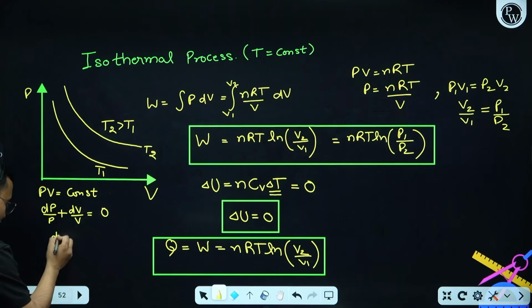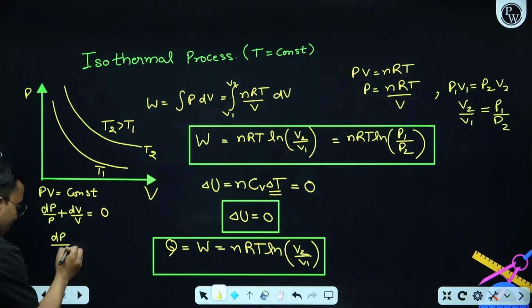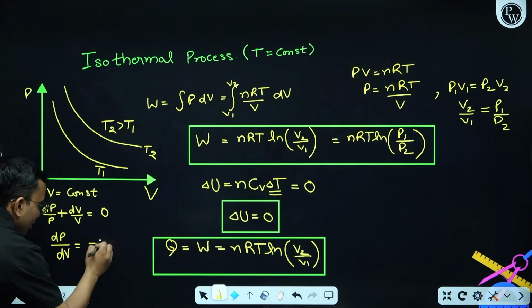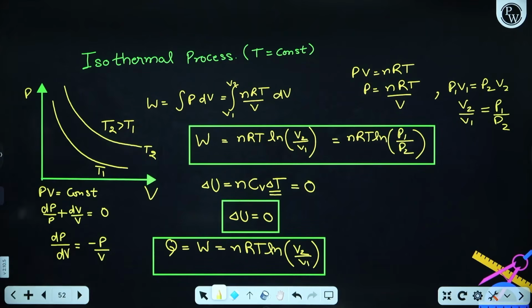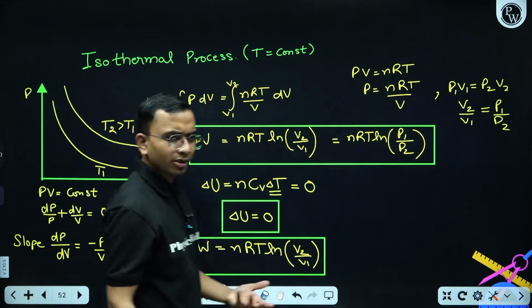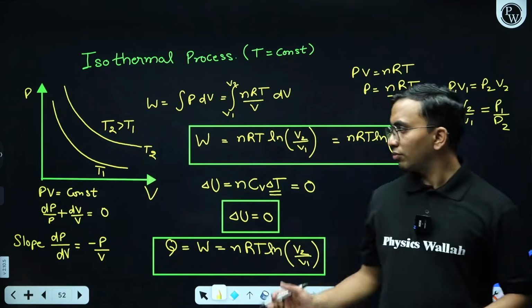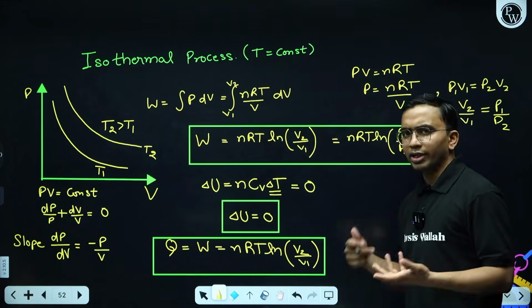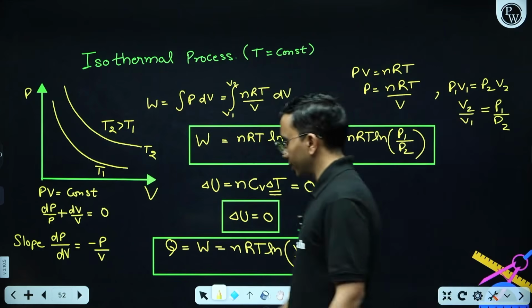So dP by dV comes out to be minus P by V. This is my slope. Don't remember it, just see how to write it. You can quickly write PV is equal to constant, differentiate it, and you can write it.